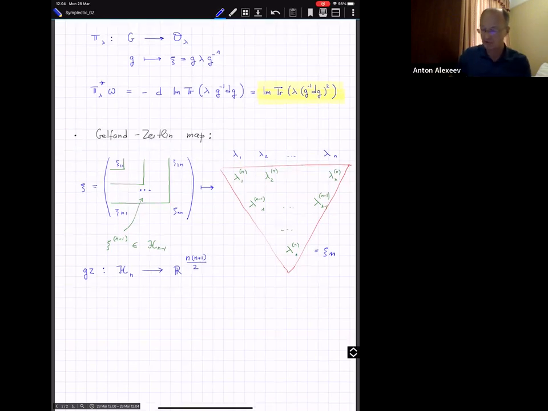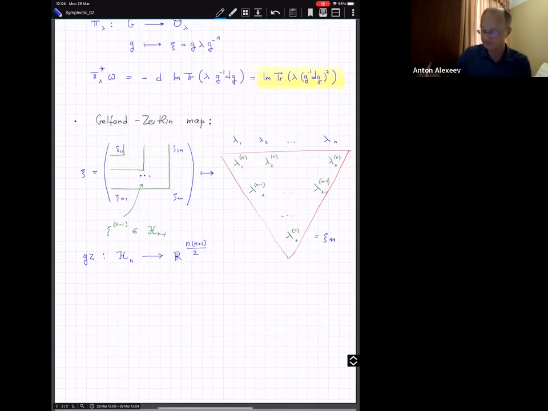Okay, so there are the following facts about this map. First of all, those lambdas satisfy the interlacing inequalities.